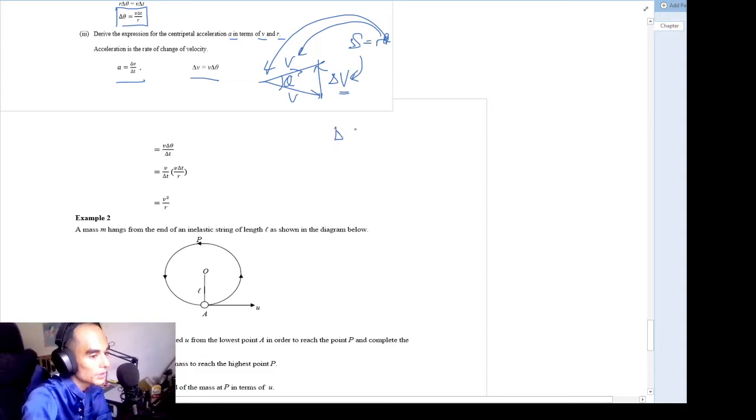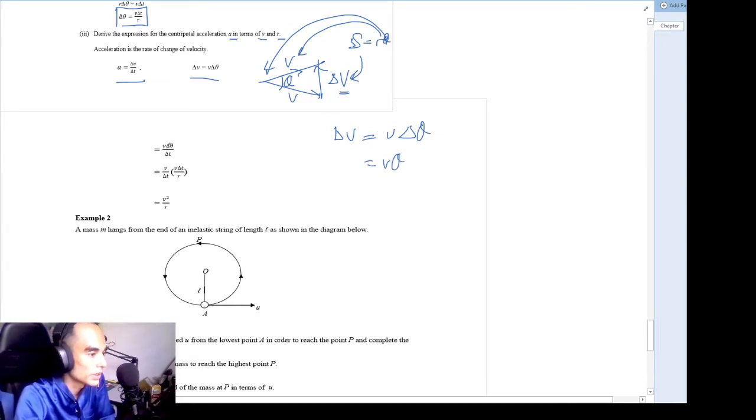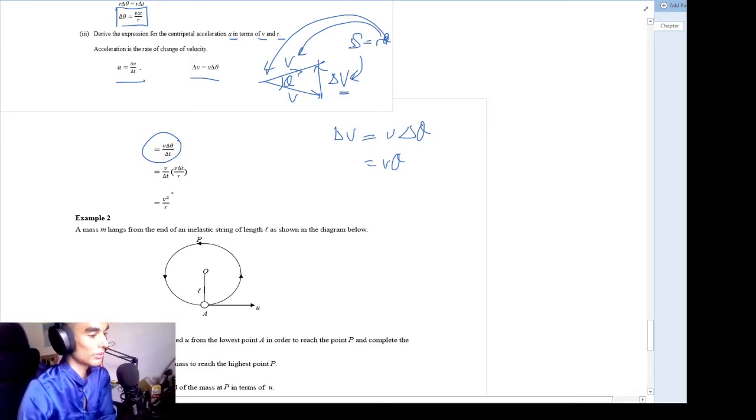So change of v equals v change of theta. Divide everything by t, and you have theta over t, which is v over r. You can use the above method also, or this one.